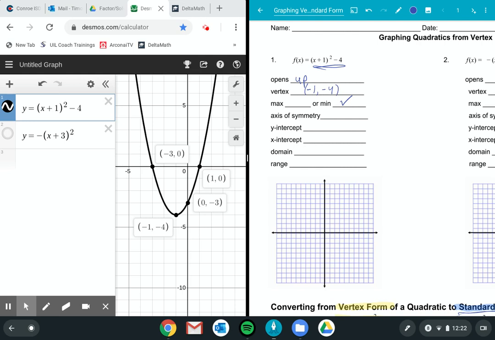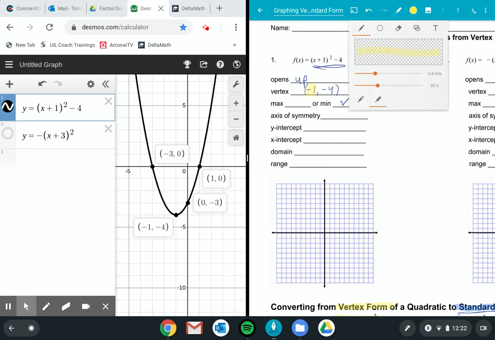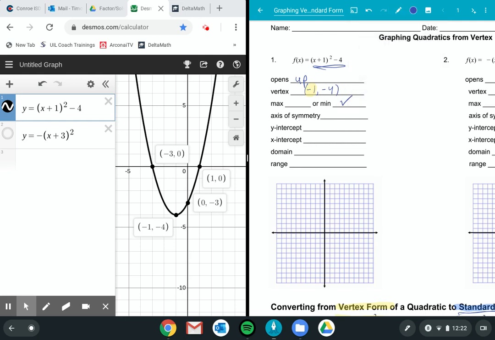Now, like we talked about last time, the axis of symmetry is the same thing as the x value of our vertex. So if the x value of our vertex was -1, my axis of symmetry is x equals -1. I'm going to graph this picture on my notes as well, so that I know where my vertex is, -1, -4.